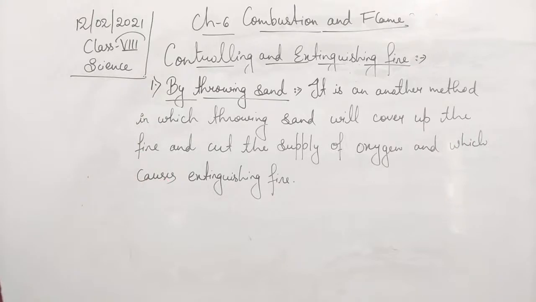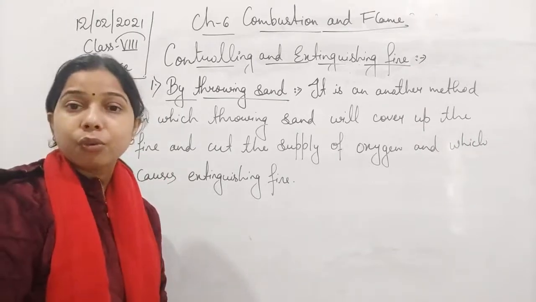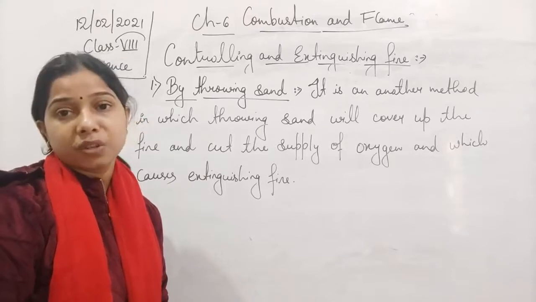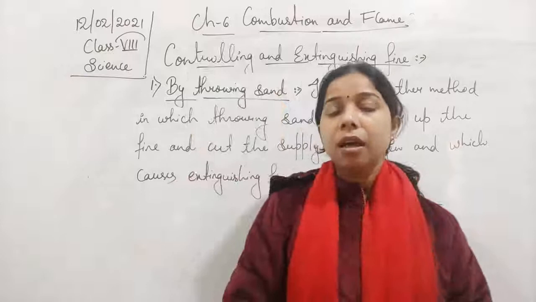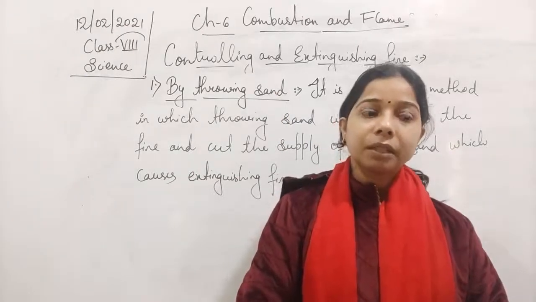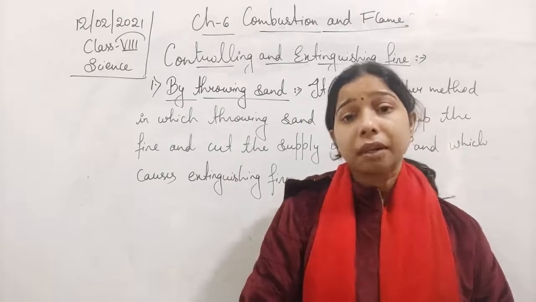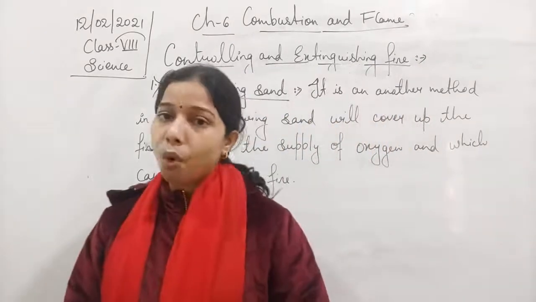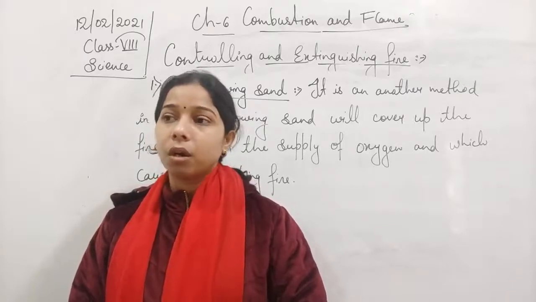And finally, students, we can use another thing, and that is known as a fire extinguisher. Basically, a fire extinguisher is a kind of equipment consisting of a gas, a foam, or water.